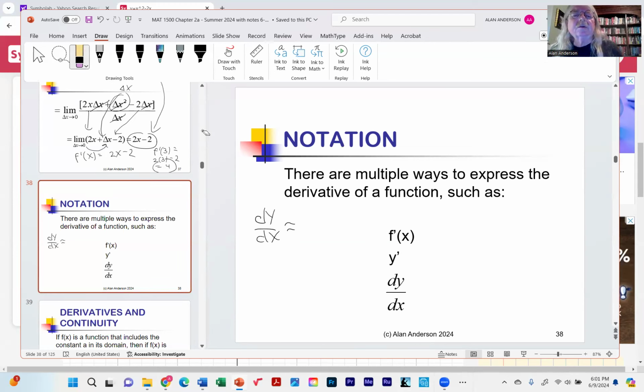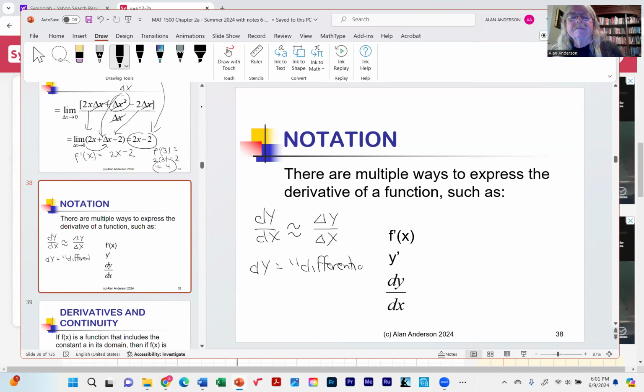This is approximately equal to delta y over delta x. The difference being that dy is the differential of y, and similarly for x. And what separates the two is that delta y is a small change in y.